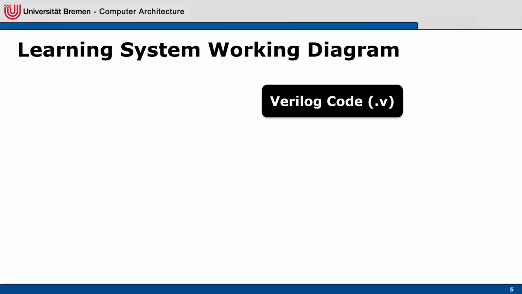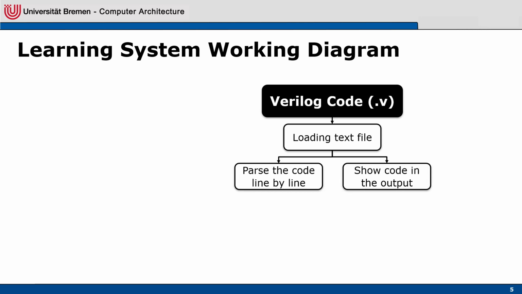It might be a question of how the learning system works in an educational setting. In our learning system, instructors write a piece of Verilog code which represents a logic circuit and upload it into the system. Then the system starts parsing the code and shows it in the output at the same time.